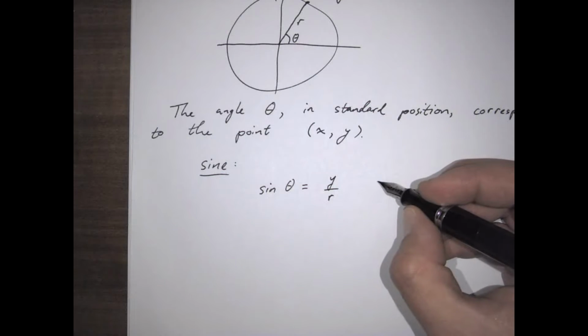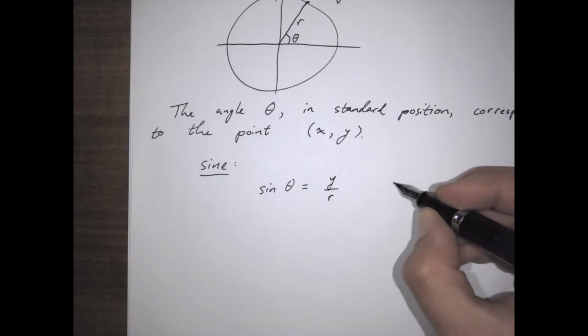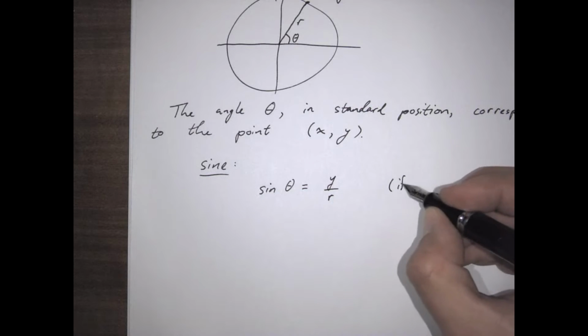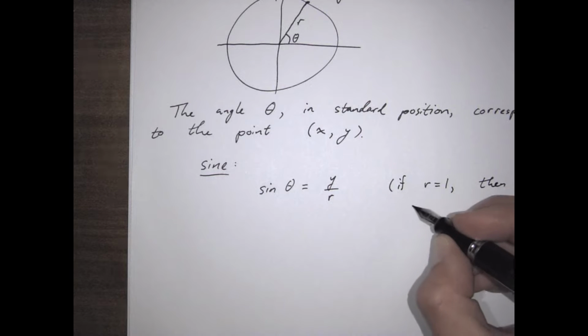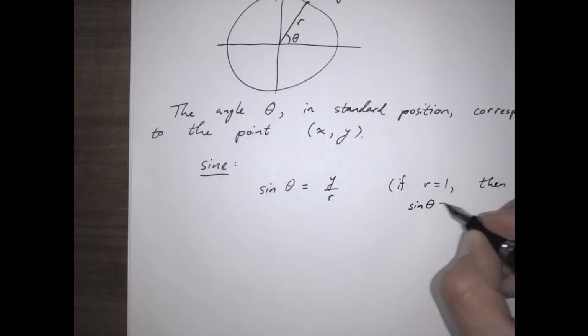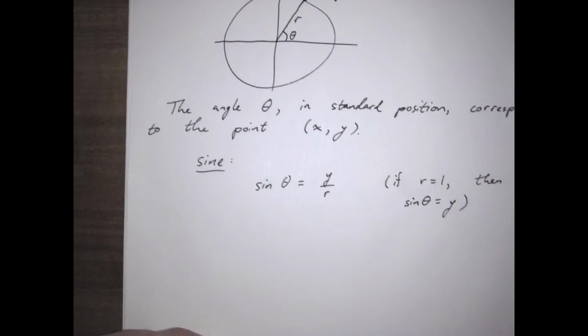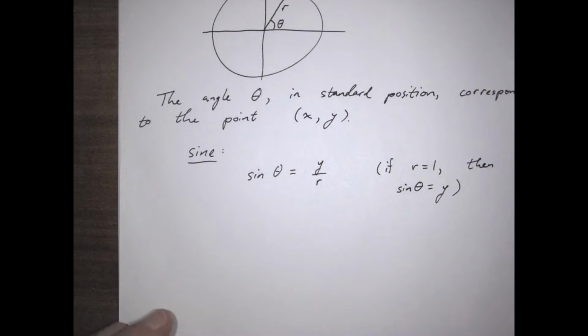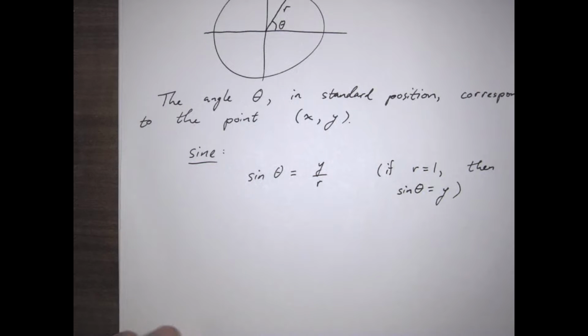So it's y in comparison with the radius. And if r equals 1, then we're talking about a unit circle. Then sine theta is just y. Dividing by 1 never accomplished anything. What does it mean to cut something into one part? It means you haven't done anything.